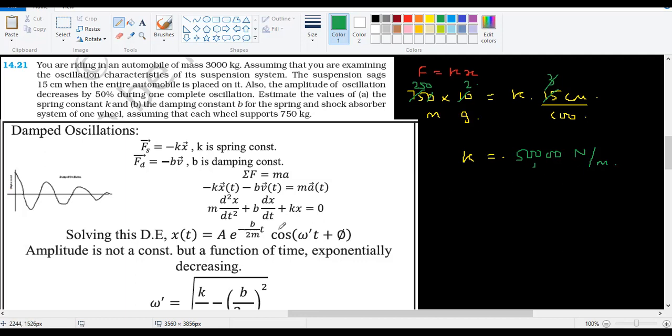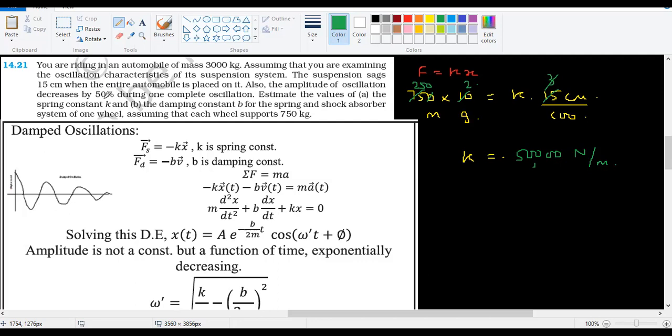Second part is where we may have to use this formula, because you see the amplitude is decreasing for every oscillation. They said that it is decreasing by 50%. How can I do this?